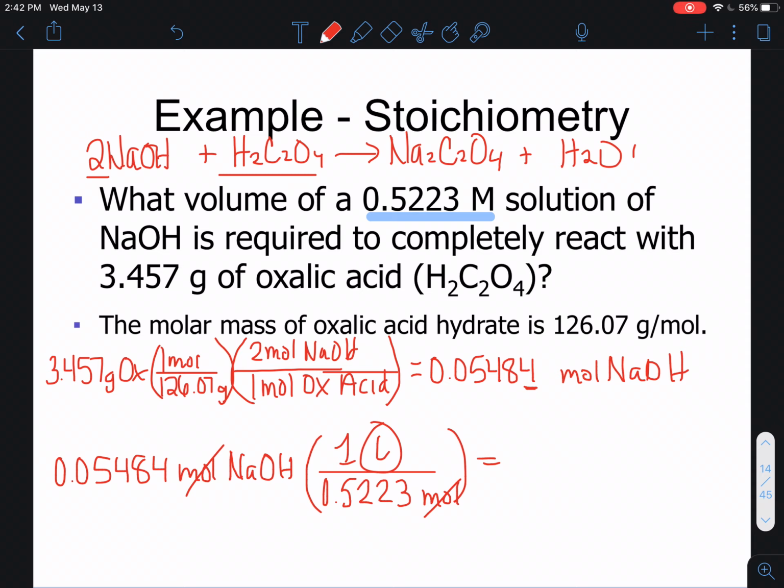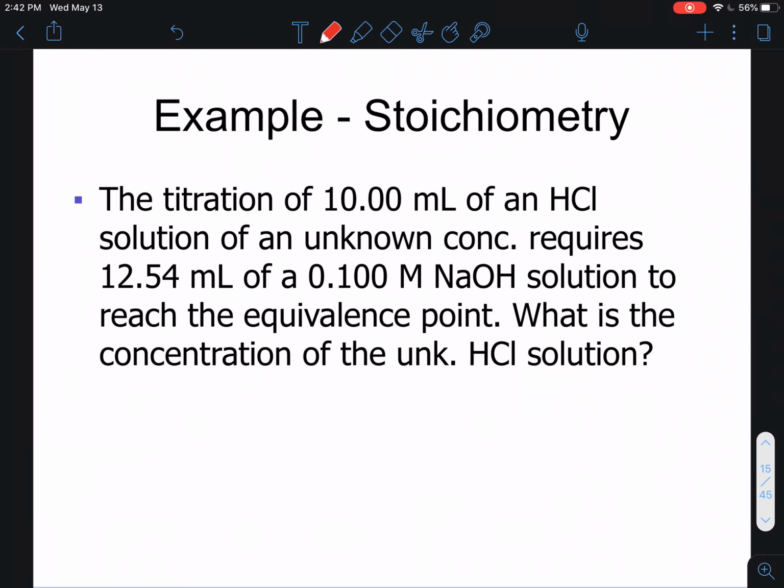So that's going to give us 0.1050 liters of this solution needed to neutralize this much oxalic acid. We'll do this one in lecture.